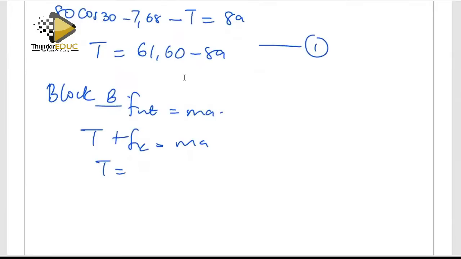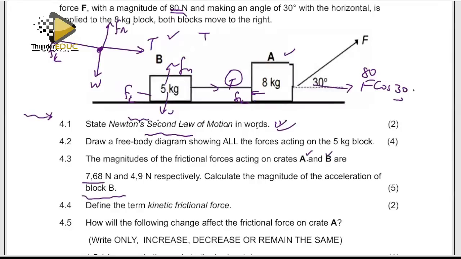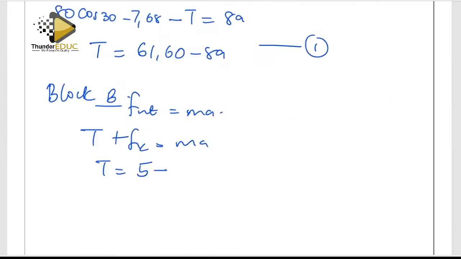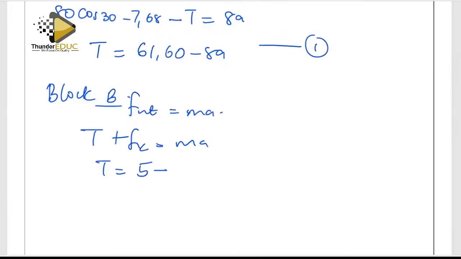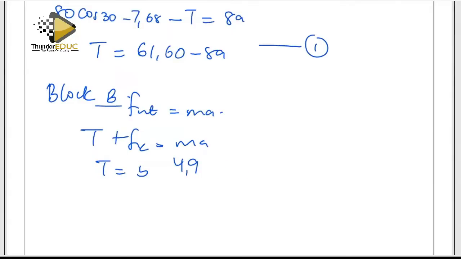So the mass here for B is 5. So it's the tension minus the frictional force, which is 4.9, equals ma. Why am I doing that? So this must be 5a first, plus 4.9.